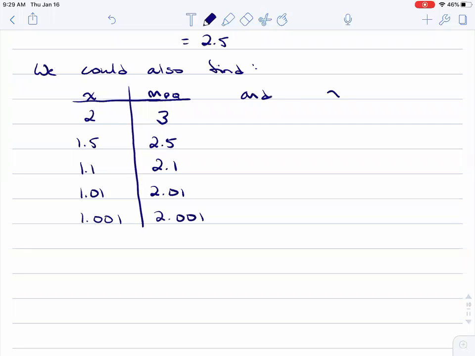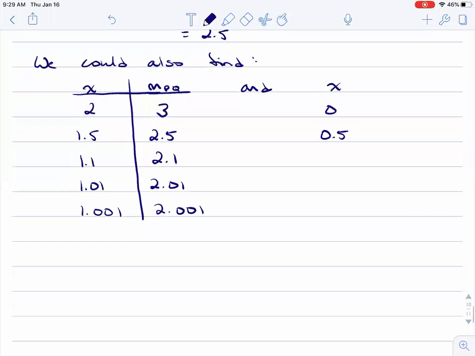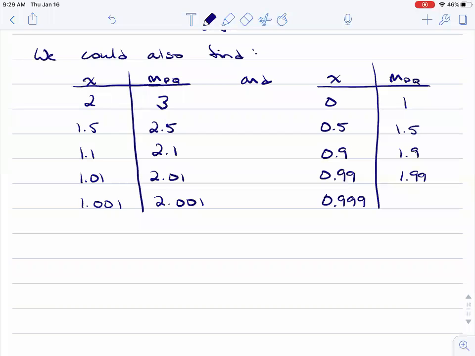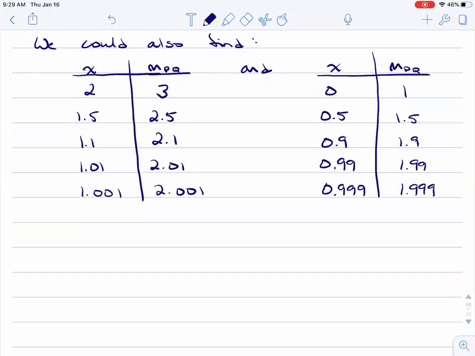If x is 0, 0.5, 0.9, 0.99, 0.999, getting closer and closer to 1 from the other end, we get m_PQ of 1, 1.5, 1.9, 1.99, and 1.999, closer to 2 again. So regardless of the direction we're coming from, the slope appears to approach 2.